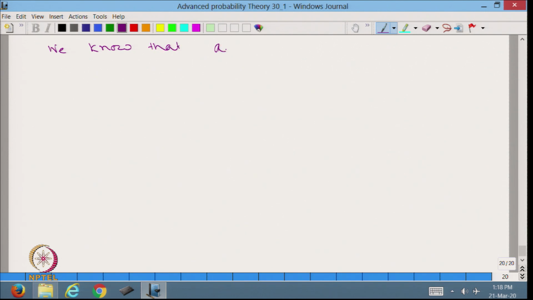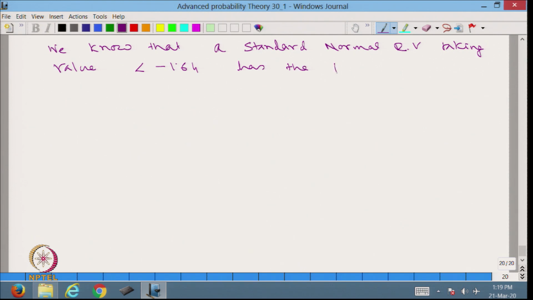We know that a standard normal random variable taking value less than minus 1.64 has the probability equal to 0.05.